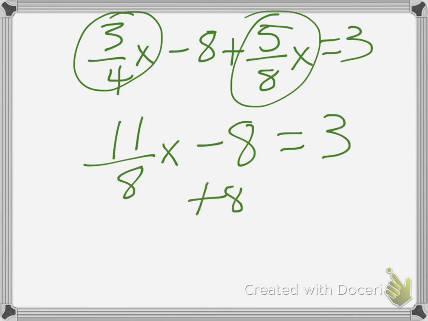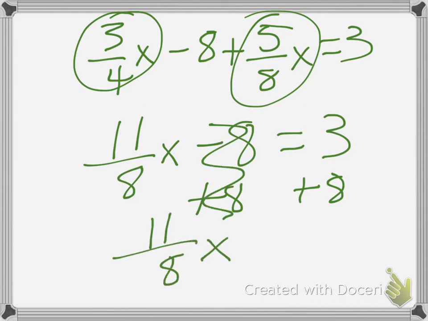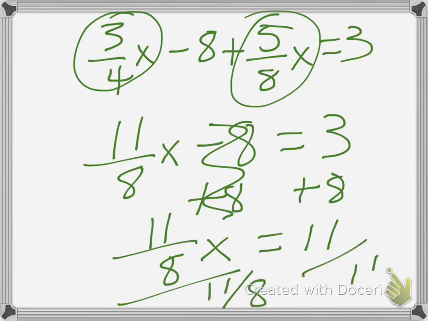You're going to add 8 to both sides, and this is going to cancel out. It's going to leave you with 11 over 8 x equals 11. And so this becomes a one-step equation. You divide both sides by 11 over 8, and your answer will be 8.